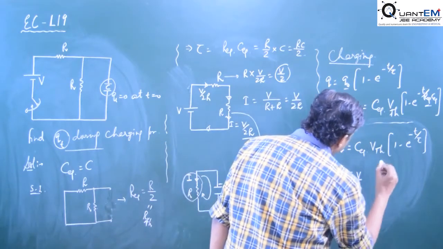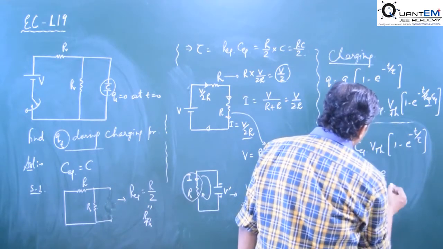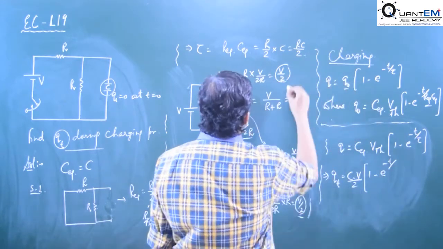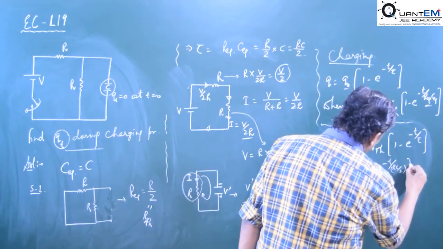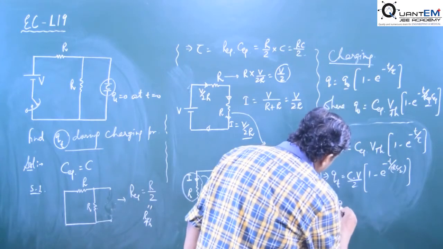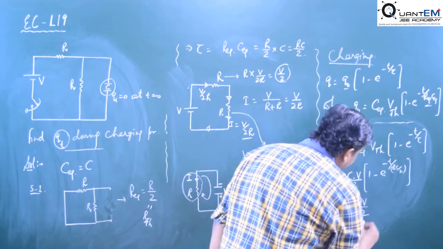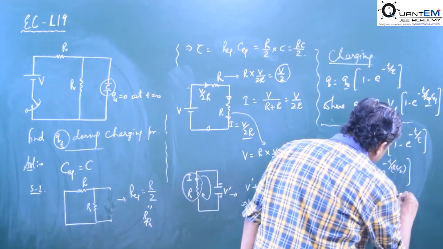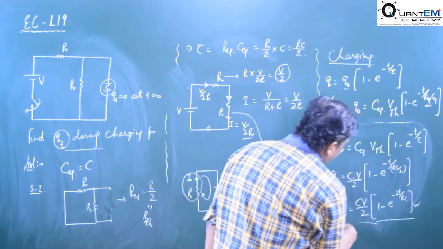So CV by 2 into 1 minus e to the power minus t divided by the time constant, which is RC by 2. So the charge across the capacitor at any time t during the charging process is CV by 2 times 1 minus e to the power minus 2t by RC. It is the answer.